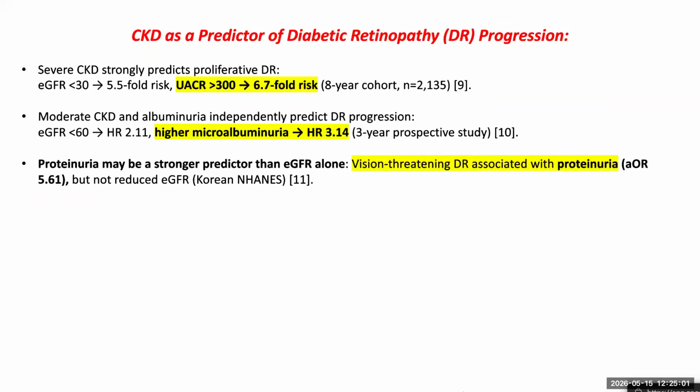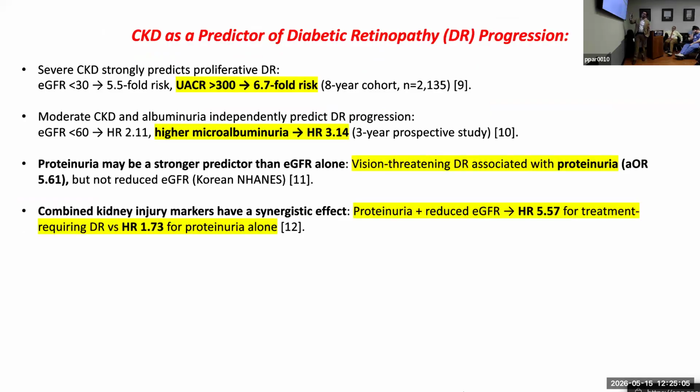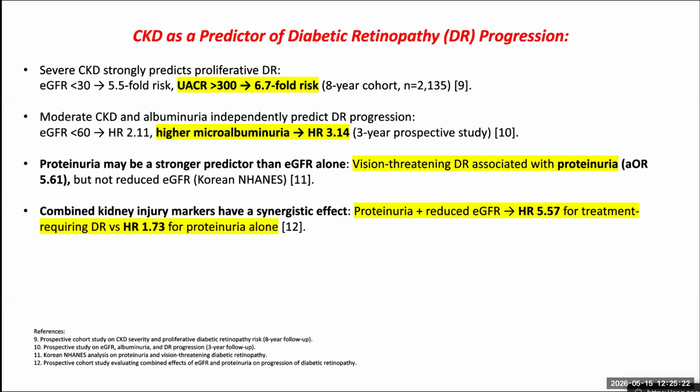And vision-threatening diabetic retinopathy is also associated with proteinuria. There were more studies relating proteinuria to diabetic retinopathy rather than the GFR. But there was one study where they mentioned that both of them play a synergistic role, but there was more association with the albuminuria.